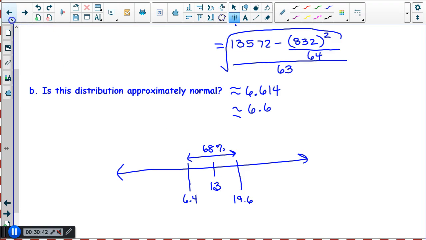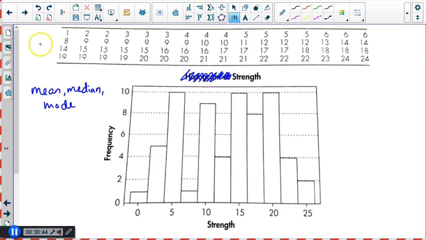Right? So let's look. Numbers between 6.4 and 19.6, right? Where's the first number between 6.4? So here, all the way up to 19.6. So here. So how many numbers is that? 1, 2, 3, 4, 5, 6, 7, 8, 9, 10, 11, 12, 13, 14, 15, 16, 32, 33, 34, 35, 36.